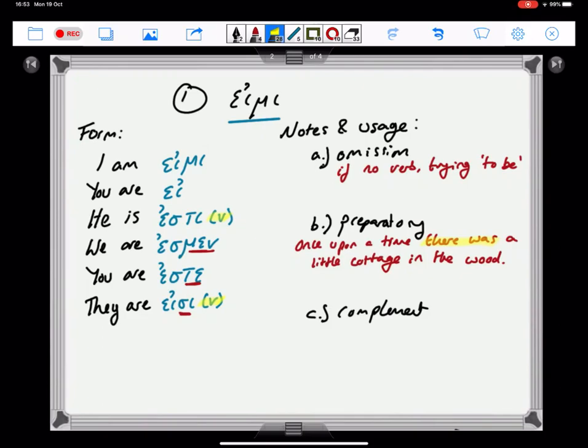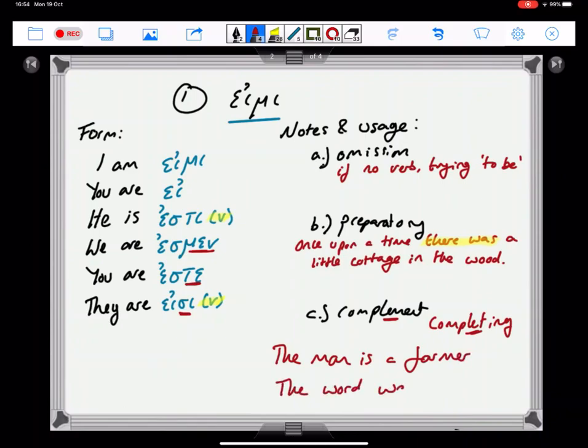And the final part of this is the complementary use. Notice that's complement with an E. This is about completing things. So this would be the kind of example you had: the man is a farmer. Or indeed, the word was God.